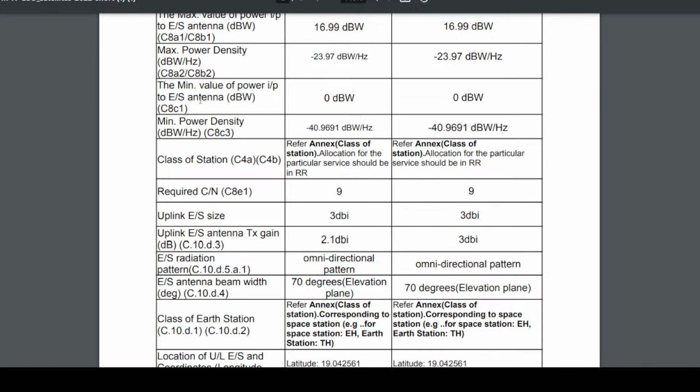The Earth station's minimum value of power input is 0 dB. Even if it's not receiving anything, it will still catch. Basically, it's sensitive enough to catch even low power signals. That's the concept for keeping it at 0 dB. Minimum power density is negative because the signals sometimes become so minute that they can even go down to minus 40.